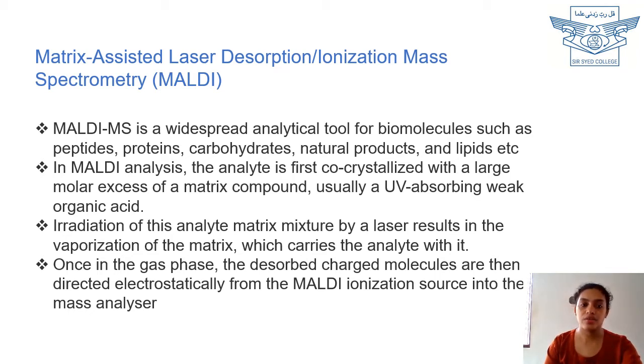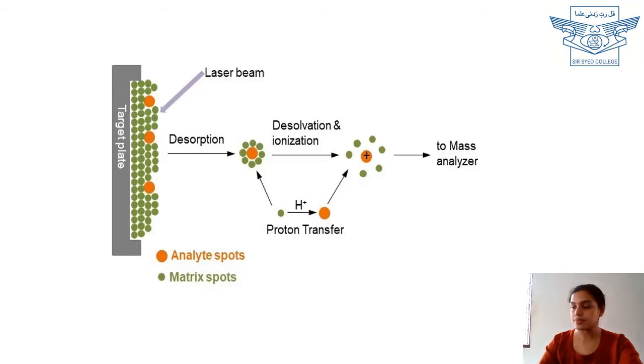When it is irradiated, what happens, I'll show you in the picture on the next slide. You can see here that these green circles are the matrix, and these yellow circles are our analyte material.